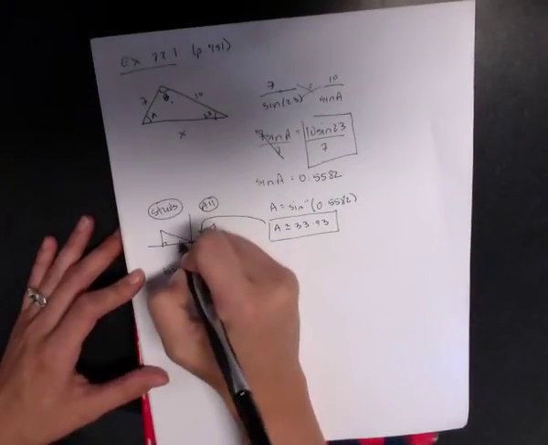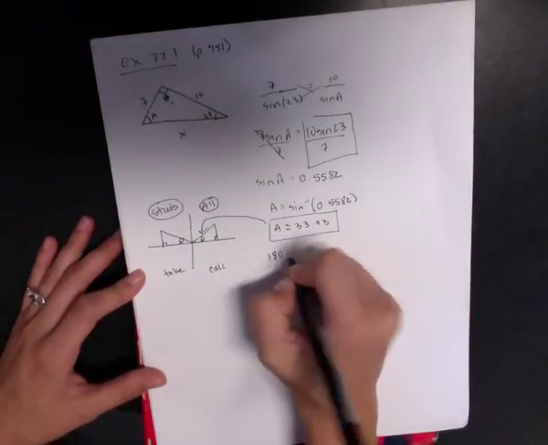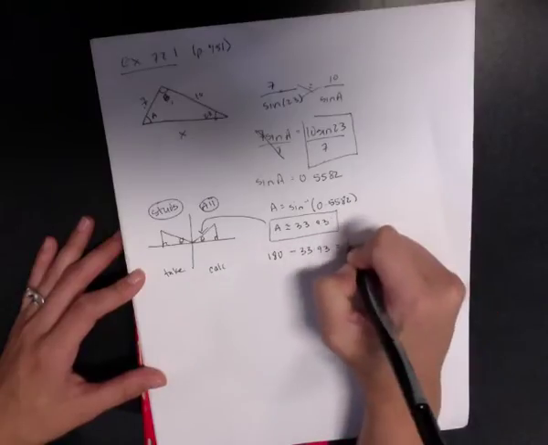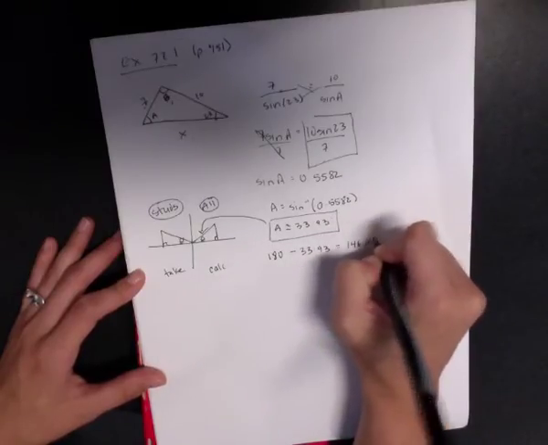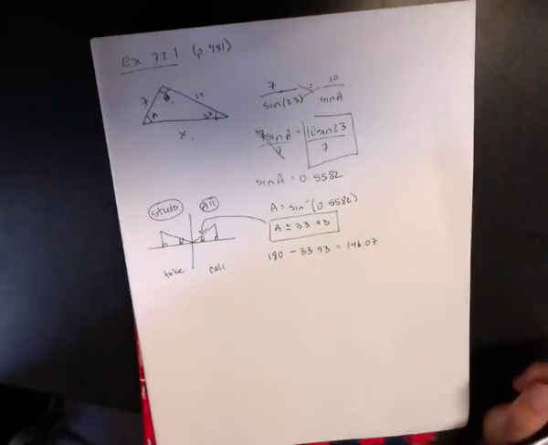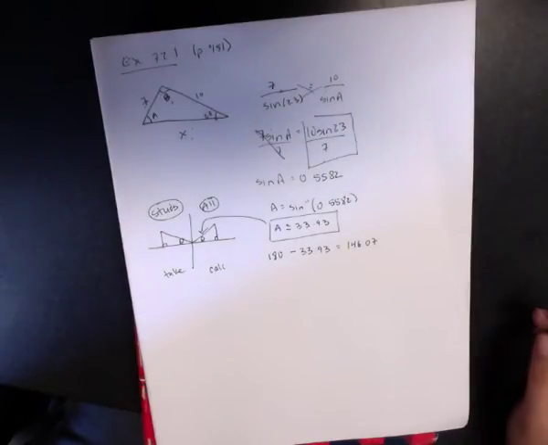I can find the other angle over there by doing 180 minus 33.93, which gives me 146.07. That's my other A. But I have to be able to figure out which one is my possible angle.